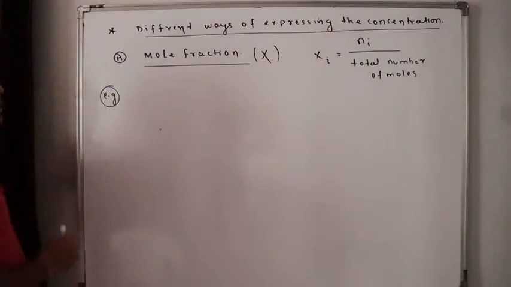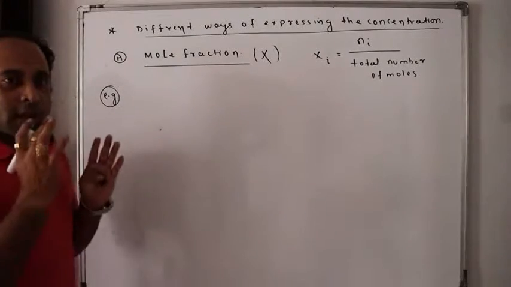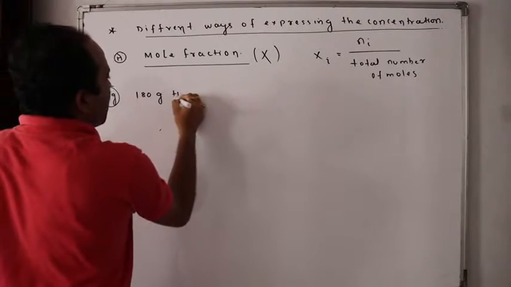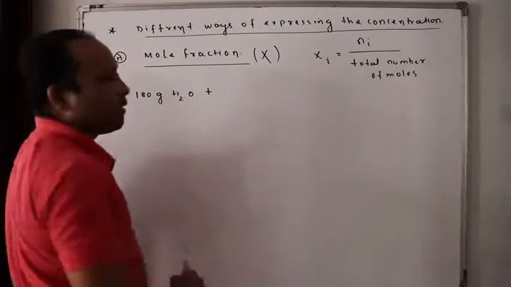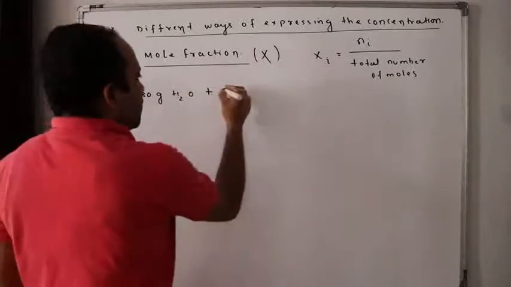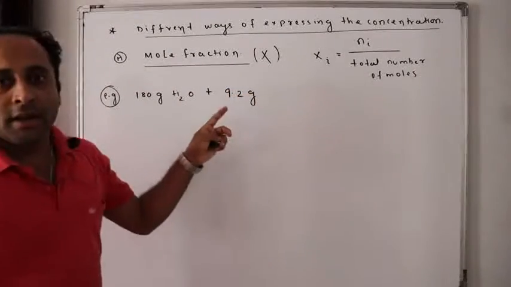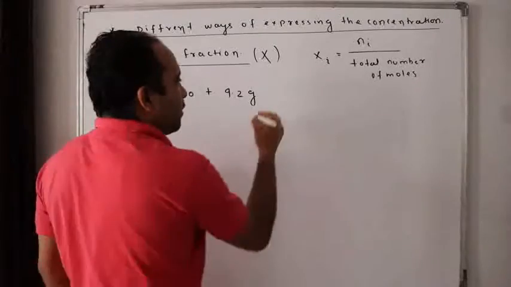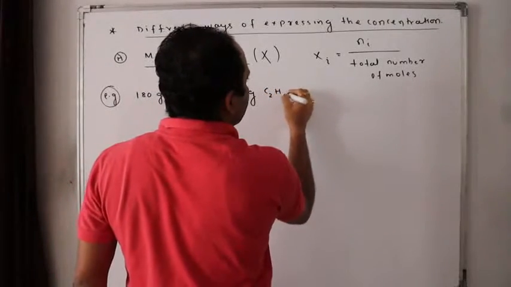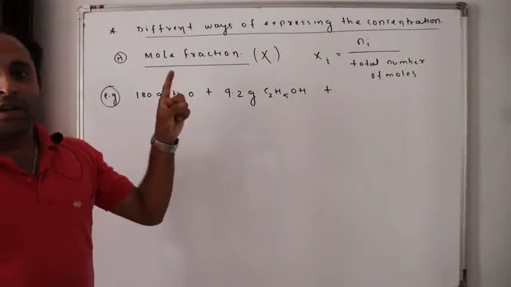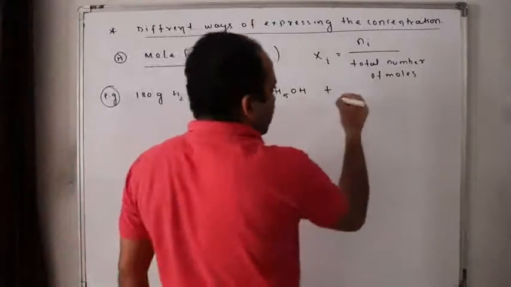Example. What is the question? If I add 180 gram of water plus 9.2 gram of ethanol plus 32 gram of methanol.